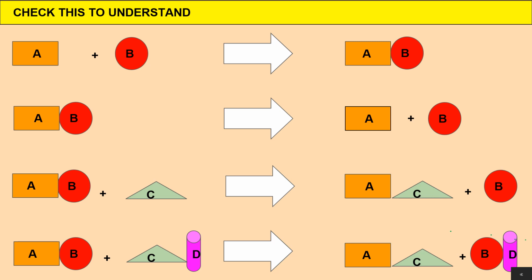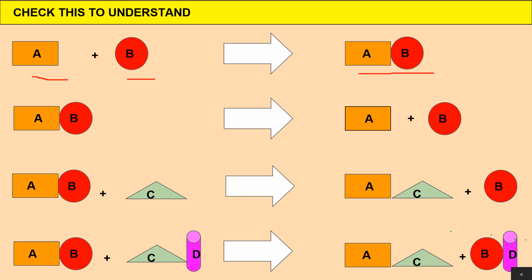After understanding this, we can replace the letters by the names of chemicals of the reactions which actually undergo chemical reaction. In the first figure, we can see chemical A and chemical B combine to give a single product AB.